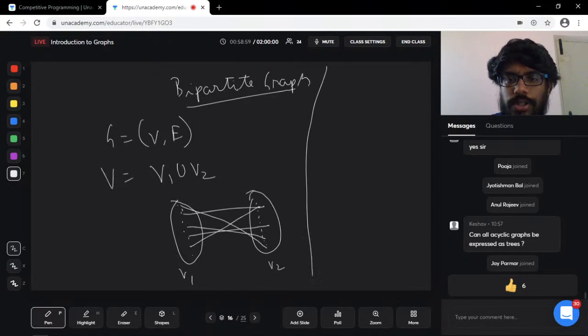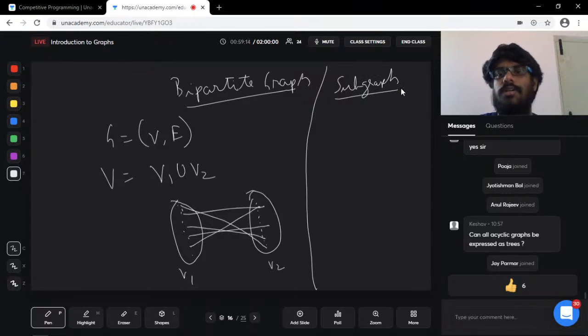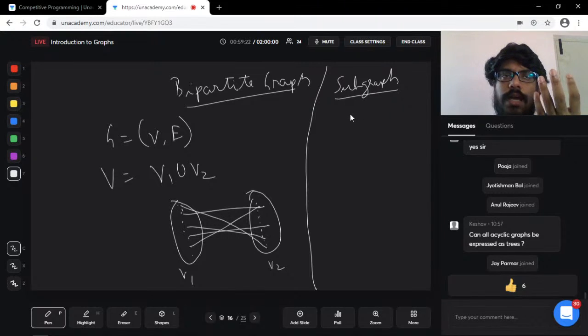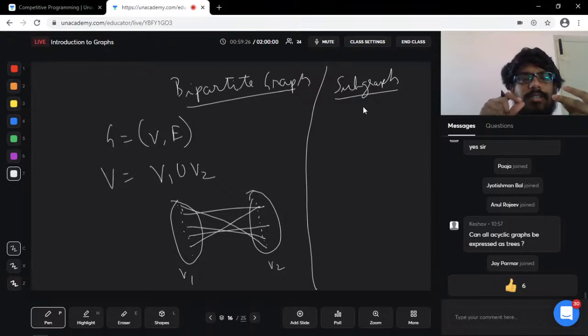Maybe right here I should talk about a few other definitions as well. So let's get to subgraphs. What is a subgraph? A subgraph is just a subset of the vertices. So I have some vertices, I take a subset of the vertices and a subset of the edges, such that the edges are only within these vertices.